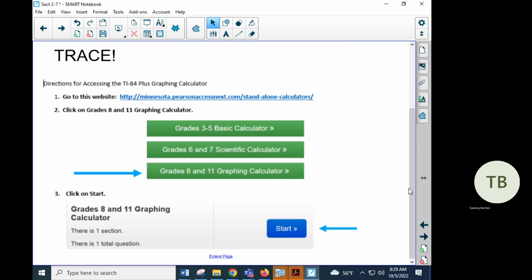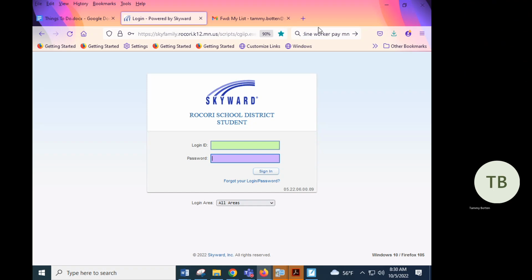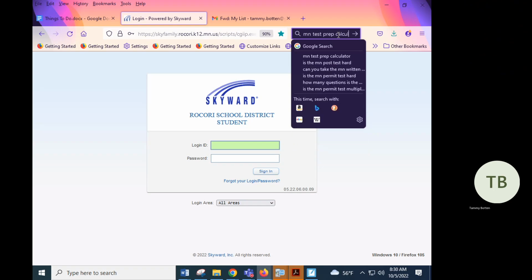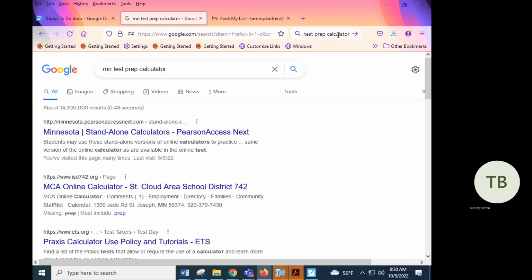So when I do this, I just go to Google and I do MN. Think about this. So weird, I can't think of how I did this. So that you don't have to type that in, let's see. Try MN test prep calculator, like that on your MacBook.